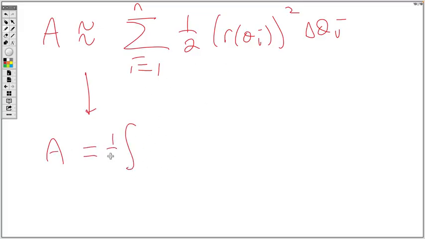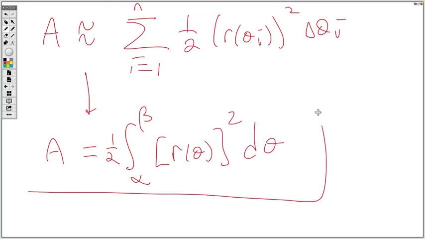The 1/2 is a constant. The discrete sum turns into the continuous sum. What are we summing up? Our integrand would be r of theta squared d theta, and that's your area formula in polar coordinates. This is the area between the pole and the curve.